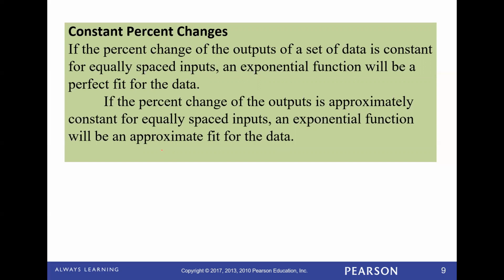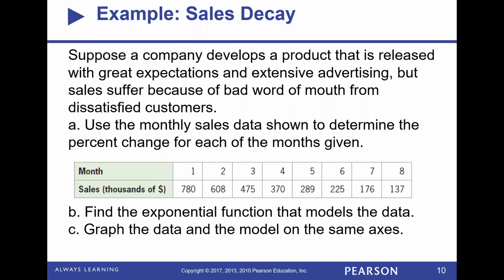If they are perfectly constant percent change, then the exponential model will be perfect, which is not a normal real world scenario. But in the sake of math, sometimes we do create those just so you can get a good idea. But if it's somewhat approximately constant, but not necessarily perfect, then that's where we're going to look at our exponential model more.